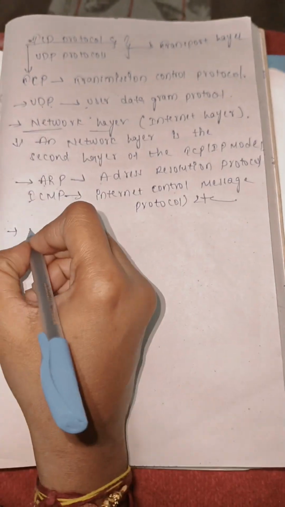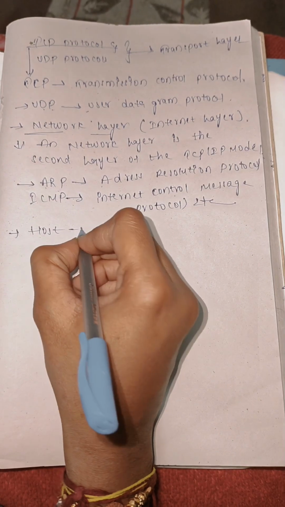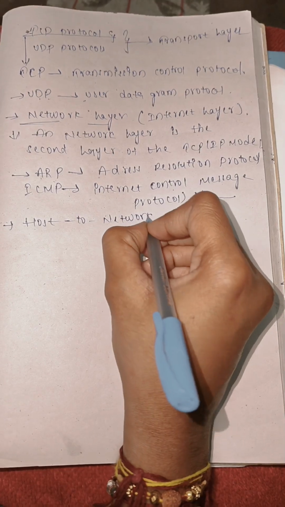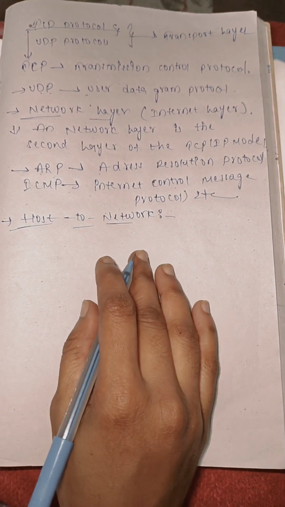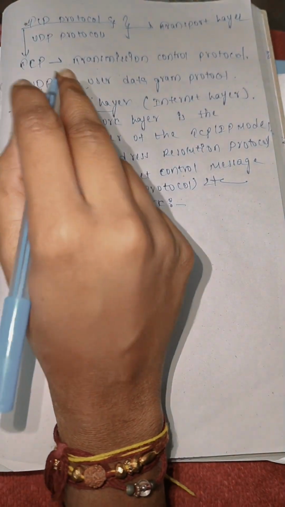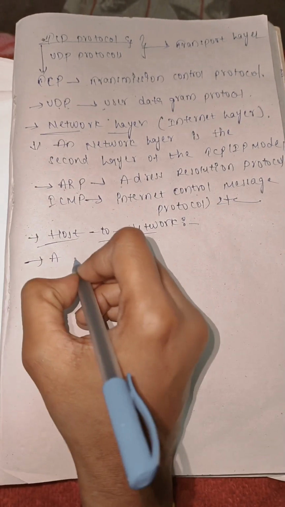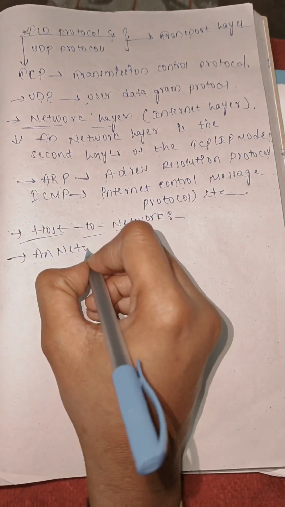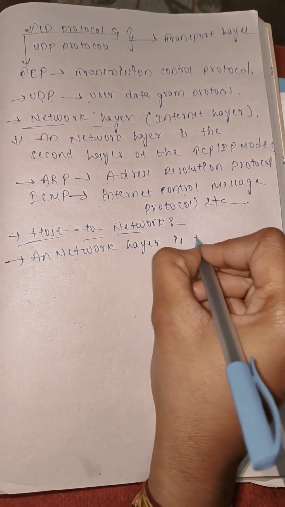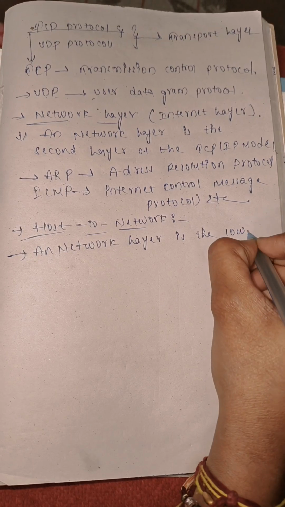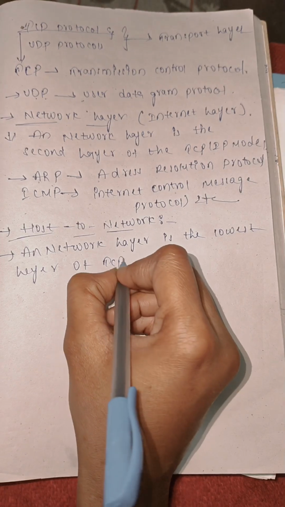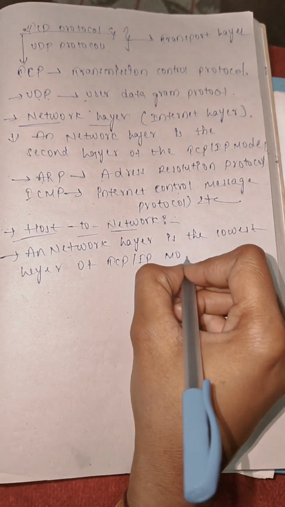And last one is host to network in TCP or IP reference model. Host to network is nothing but a network layer, the lowest layer of the TCP or IP model.